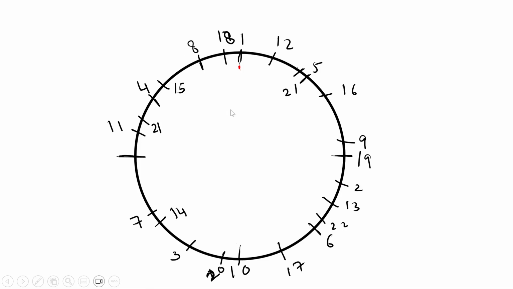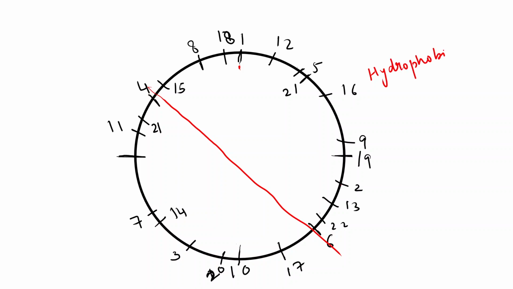If I now draw a line from here to here, we can say that all these amino acids are part of the same group, and according to the question, these are hydrophobic. That means these other amino acid residues are hydrophilic.